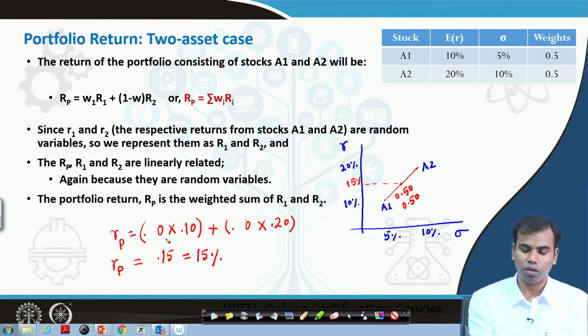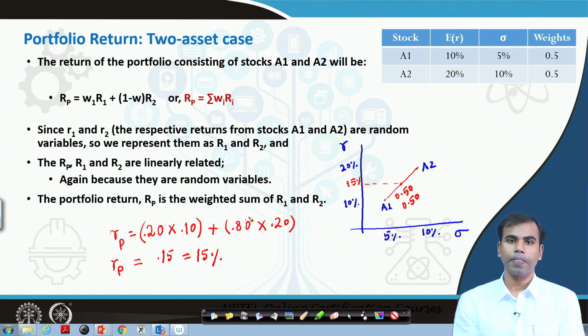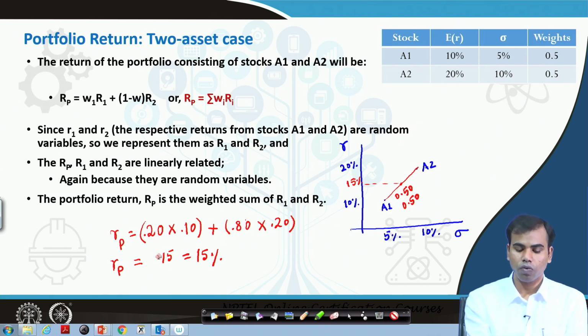So, the amount of money you have invested in A is 20% and the remaining 80% is invested in B. Then the calculation of return would take you to a different value of return on the portfolio.